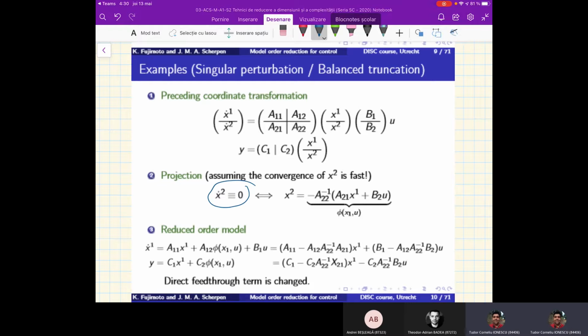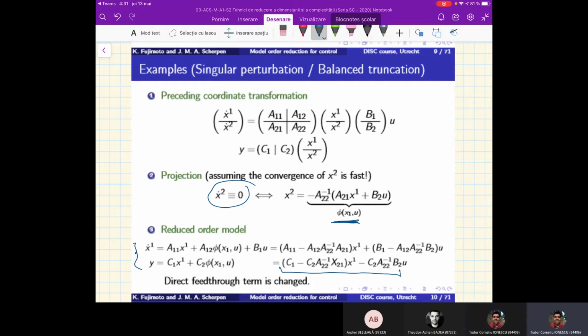And then you pick x2, and this is the phi that you can define in the first algorithm. You take x2 to depend on x1, and then you put it back in the equation of x1. And then you get the reduced order model with a singular perturbation type in this fashion. Note that this time you can also get a feed-through term in the reduced order model if you do singular perturbations.